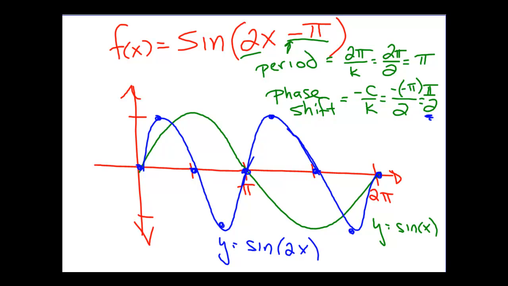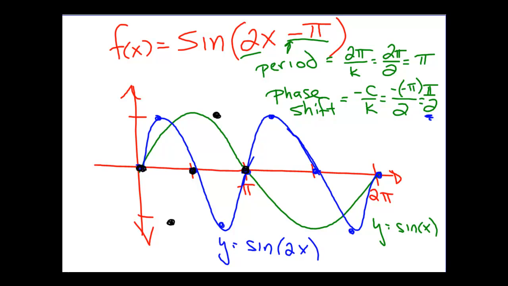Our next step is going to be to implement the phase shift, and the phase shift is going to shift every point on this graph pi over 2 units to the right. So this point, for example, will now get shifted over to here. That's a distance of pi over 2. That's half of the distance to pi. And that means that basically every part of this graph will be flipped, and so we can go through and come up with the change in the graph relatively easy.